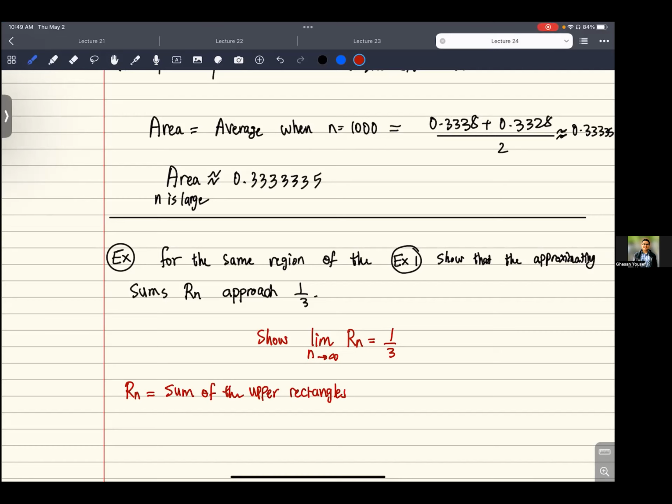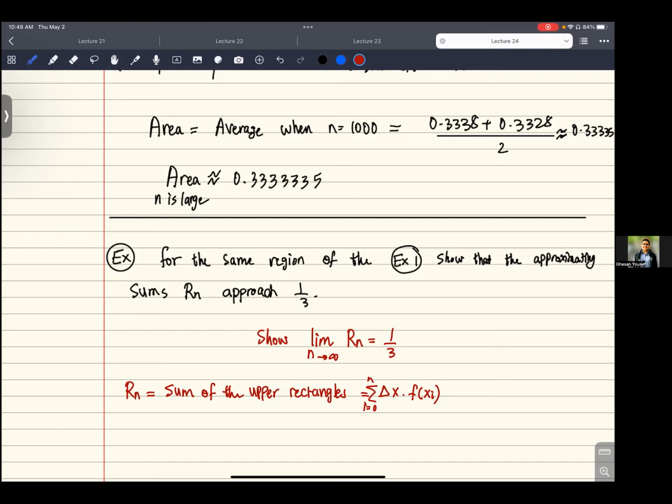What's the area of the upper rectangles? Like I said before, what's the formula? Delta x times what? F of x i. And here we have a sum, because it's the sum actually, when i equals 0, for example, up to n. Make sense?